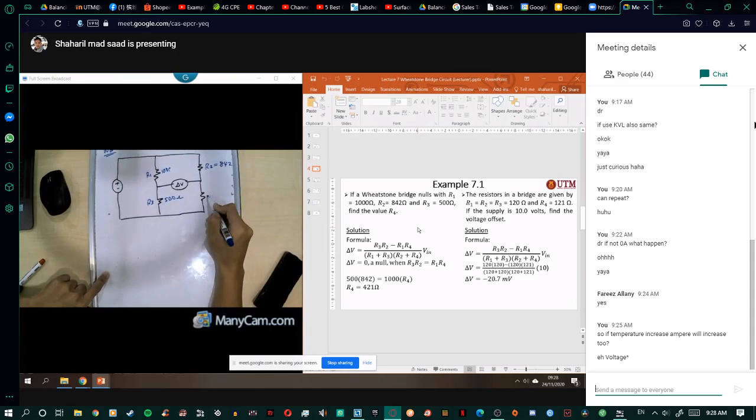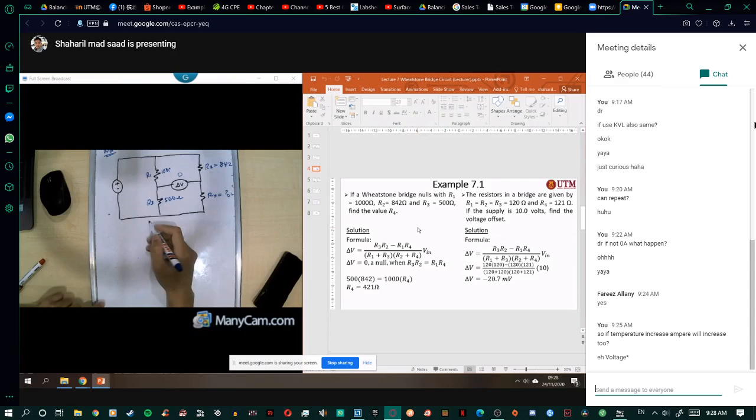It asks you to find the value of R4 when this one equals 0. Of course it needs to be cross-multiplied, so R1 times R4 equals R2 times R3, when delta V is null, equal to 0.